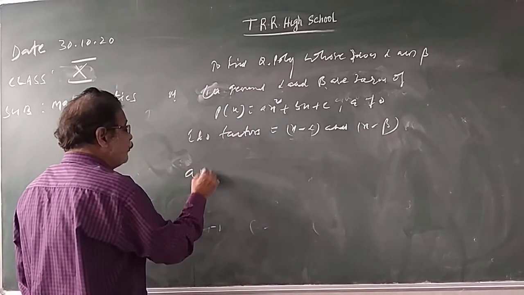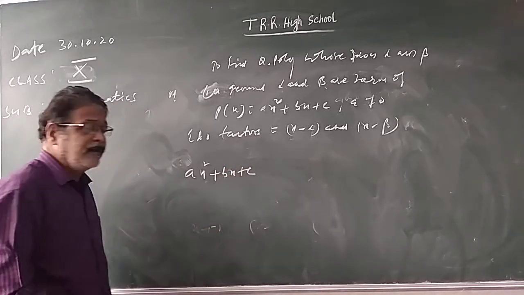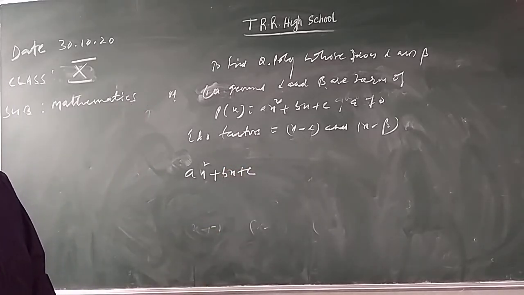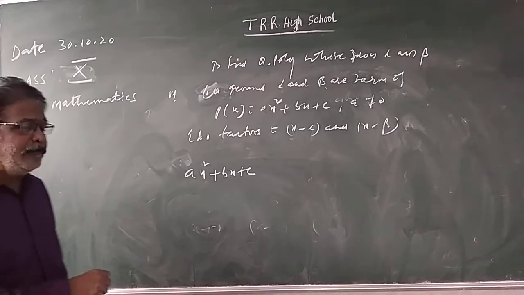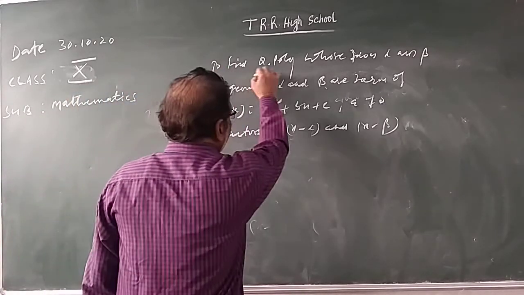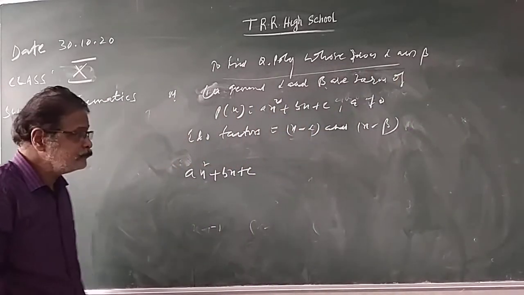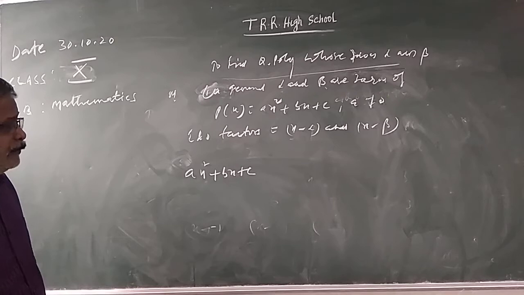Now, what is the quadratic polynomial? Ax square plus bx plus c. We are finding the quadratic polynomial whose zeros are alpha and beta, ax square plus bx plus c.